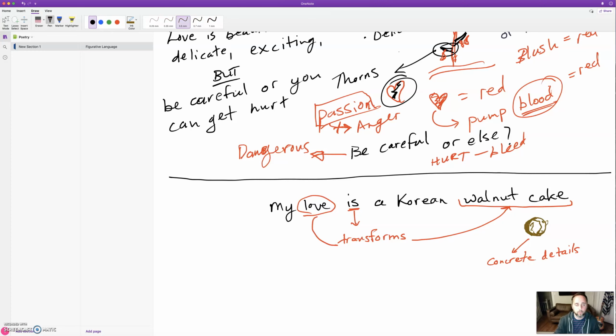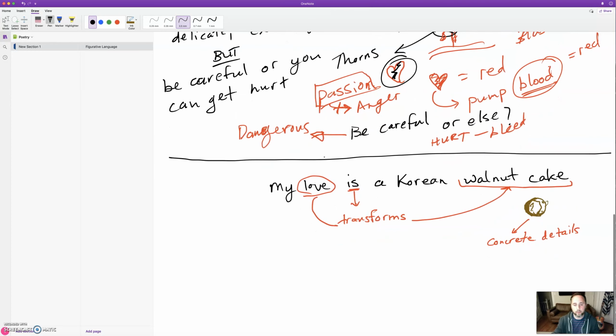Like, what are they like? What are Korean walnut cakes like? So, you can think about it, they are sweet, right? They are soft. Sometimes they're warm. If they're fresh, they're still warm. Hot off the press kind of thing.